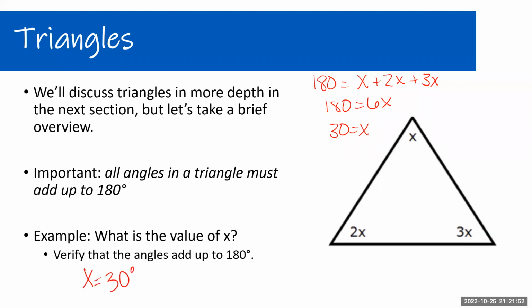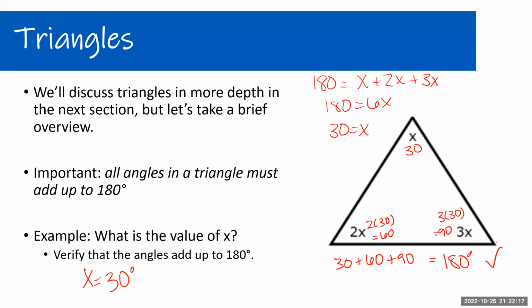We can verify that by saying, okay, well, X would be 30. 2X would be 2 times 30, which is 60. And 3X would be 3 times 30, which is 90. If we add that up, 30 plus 60 plus 90 is going to equal 180 degrees. So we are good.